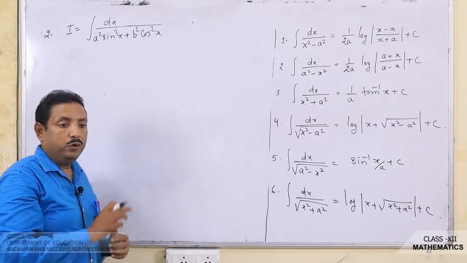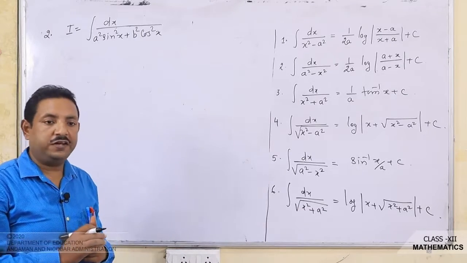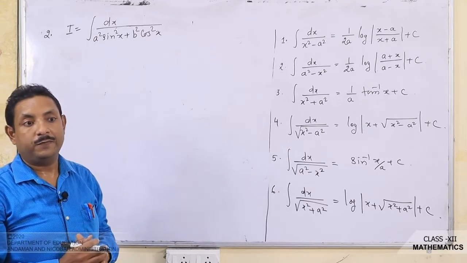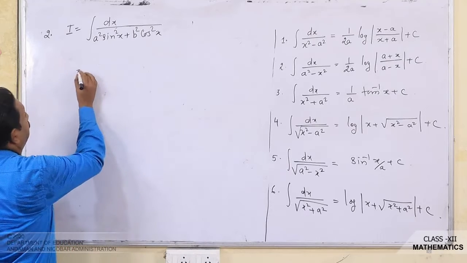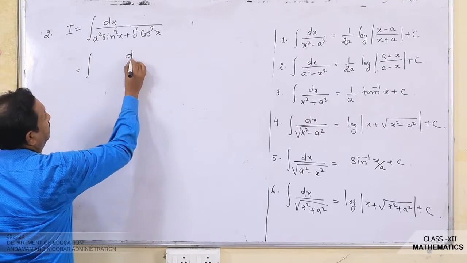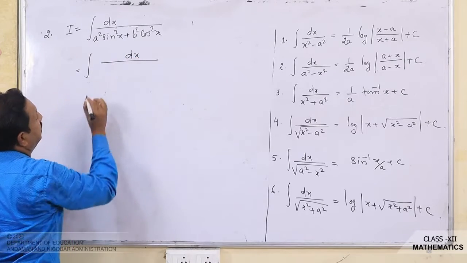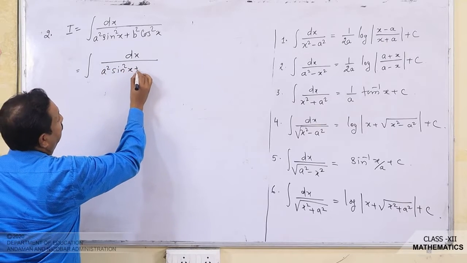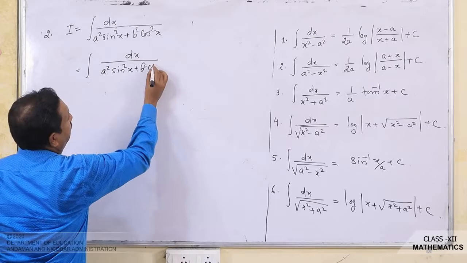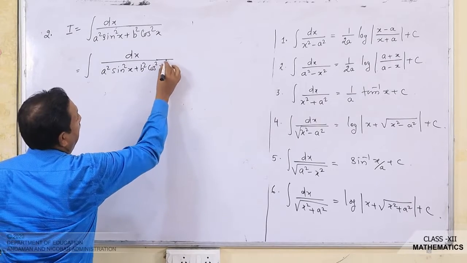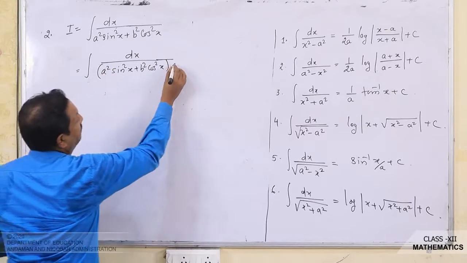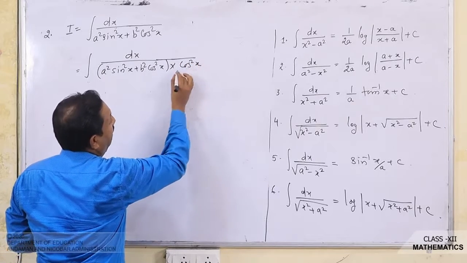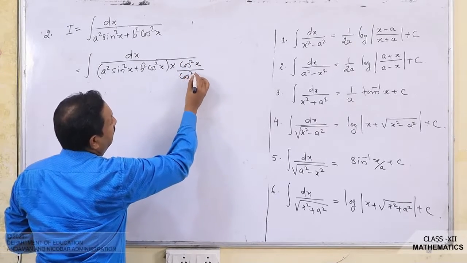I have to multiply and divide by cos square x in the denominator. Let us see, that is equal to integration of dx upon a square sin square x plus b square cos square x as it is. I keep all this in a bracket, and now I multiply by cos square x here and divide by cos square x here also.